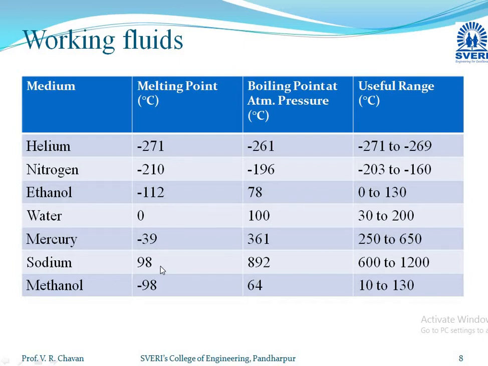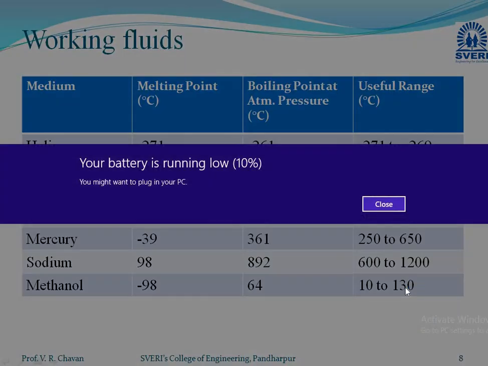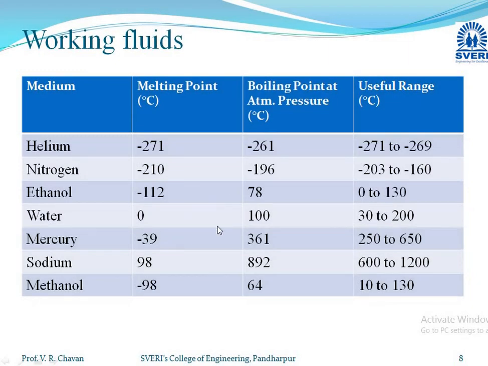Sodium: melting point 98, boiling point 892, useful range between 600 to 1200. Then methanol: melting point is 98, boiling point is 64, and useful range is between 10 degrees Celsius to 130 degrees Celsius. So these are some of the materials which can be used in heat pipes for different applications.